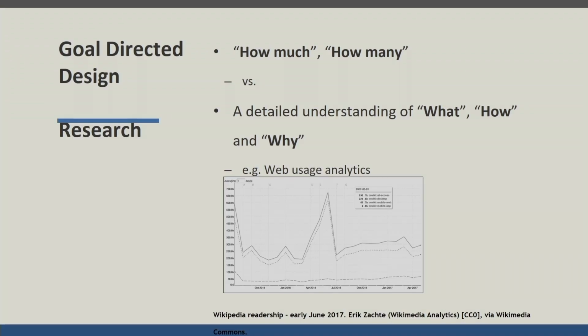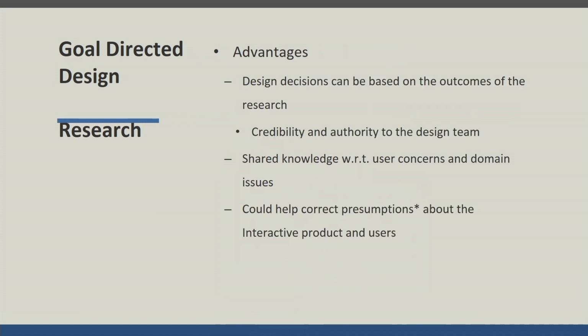Okay, so let us move to the next slide. There are advantages with qualitative data, and these advantages are very specifically relevant to the interaction design team. The interaction design team has to take decisions about the design of the interactive product all throughout the process.